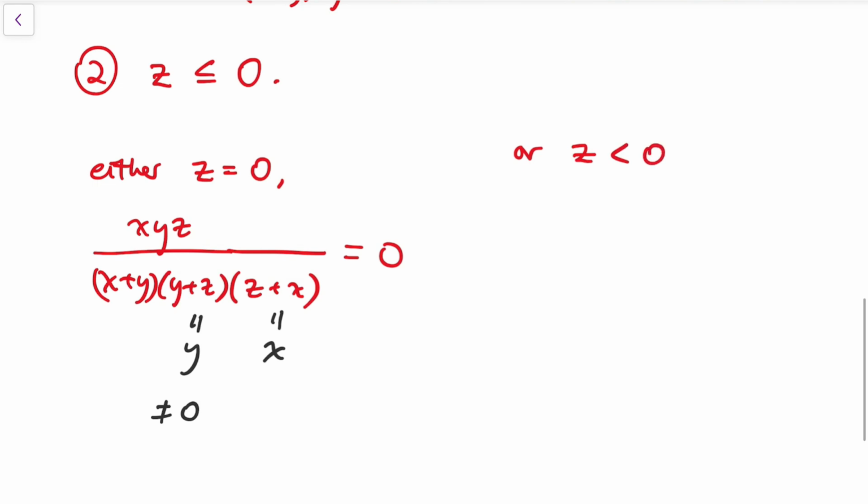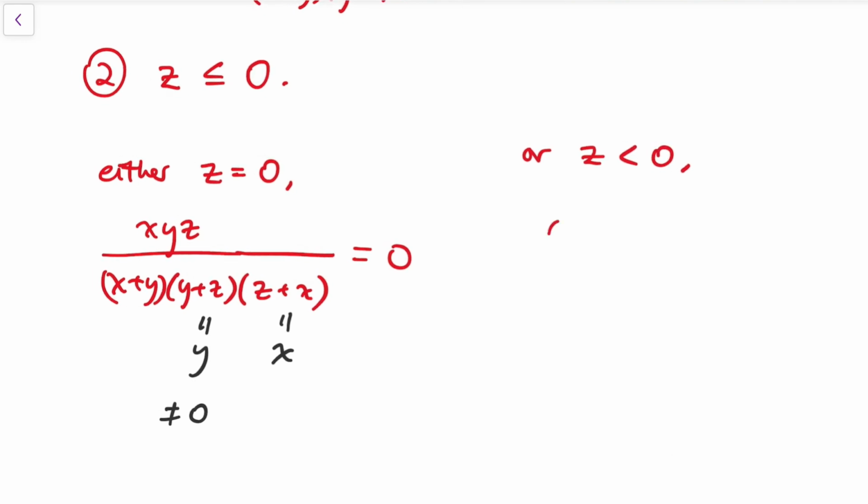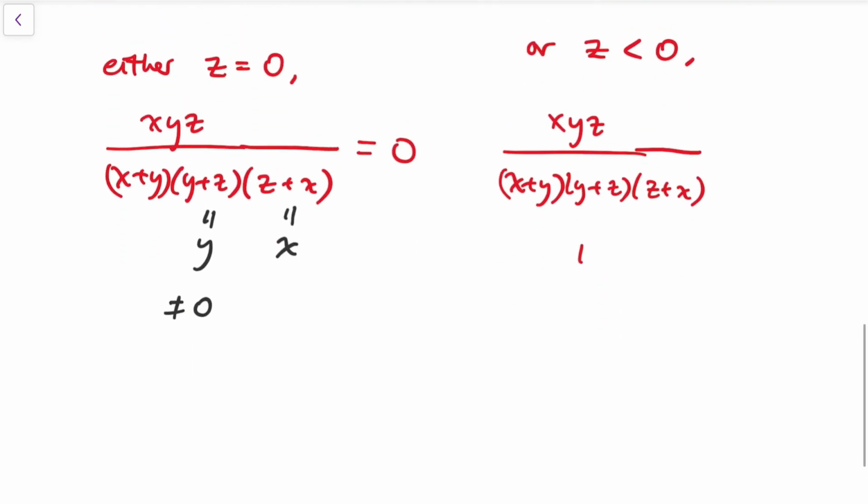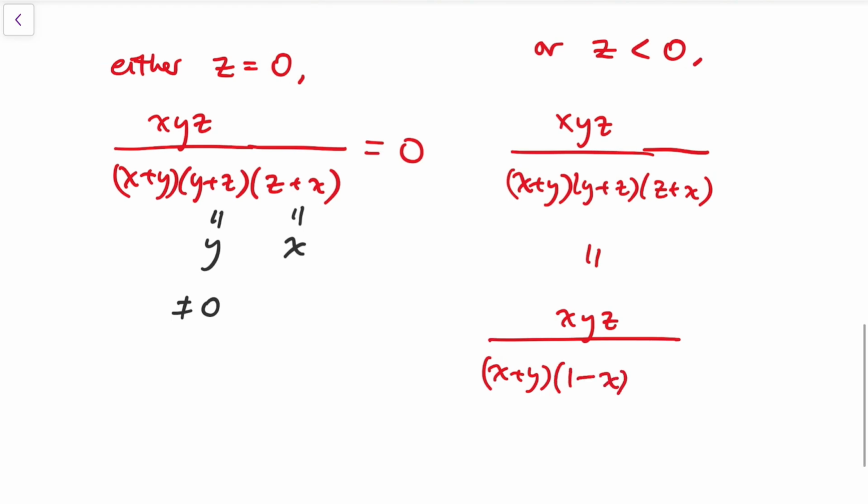Or z is negative, then the same expression can actually be rewritten back into the original version just for the bottom part. For y plus z, I'm going to rewrite that as y minus x back to the original version. Then since x and y are less than 1, that means this is positive.